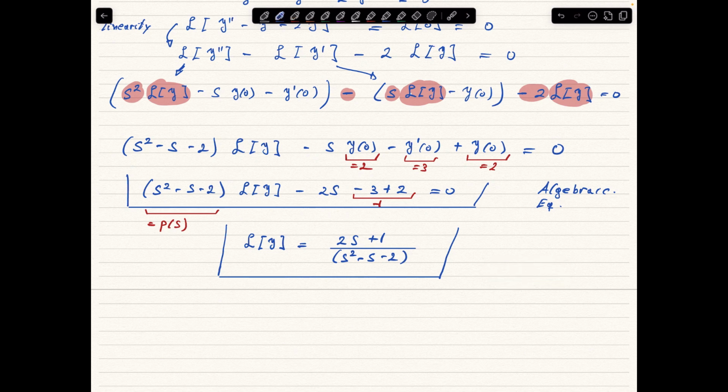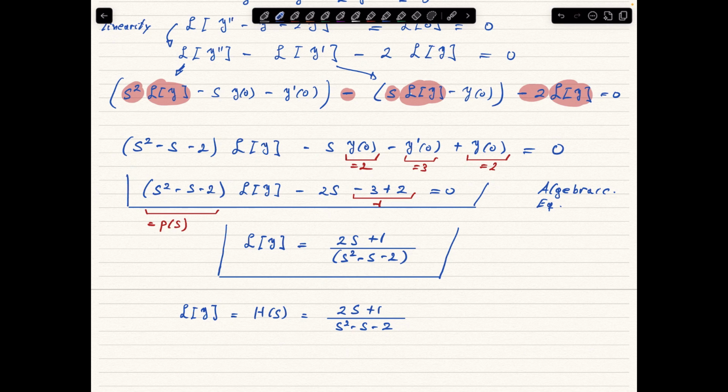Okay, so what do we have here? Well, what we end up with is a Laplace transform of y is actually a function of s that we called before H. Well, now in this example it is (2s plus 1) over (s squared minus s minus 2).